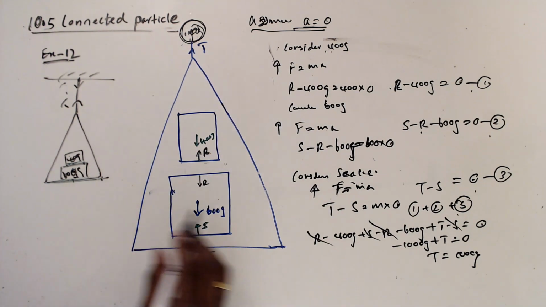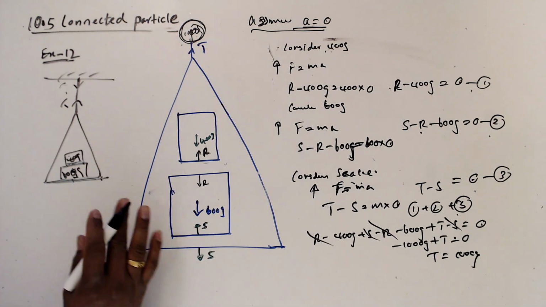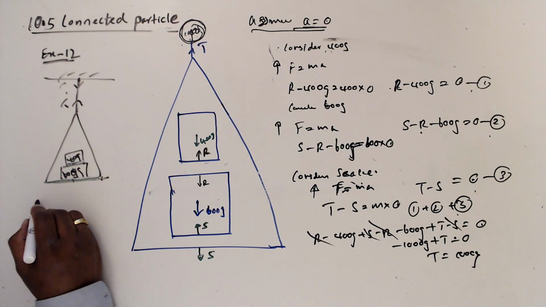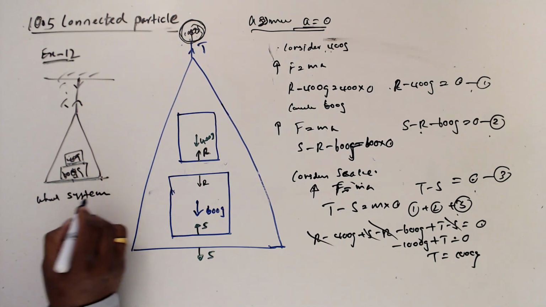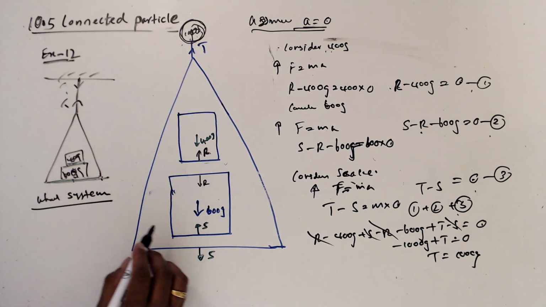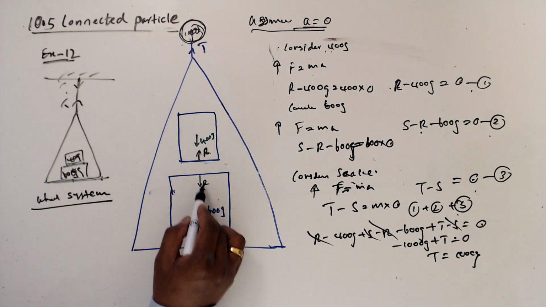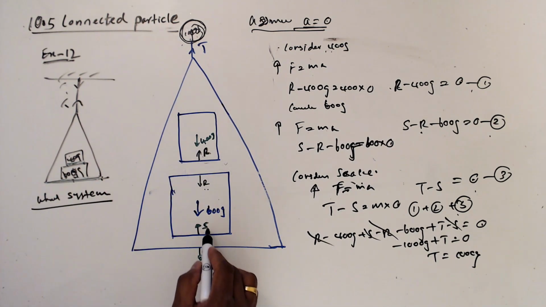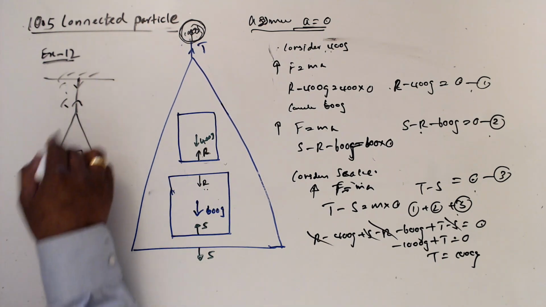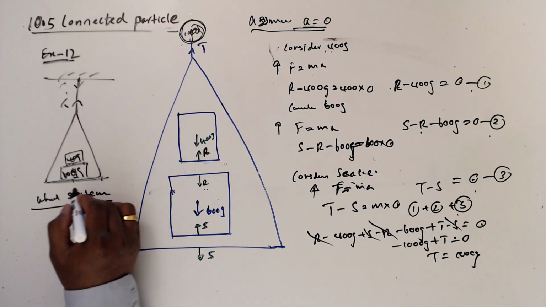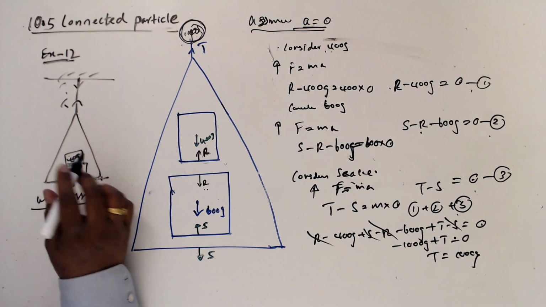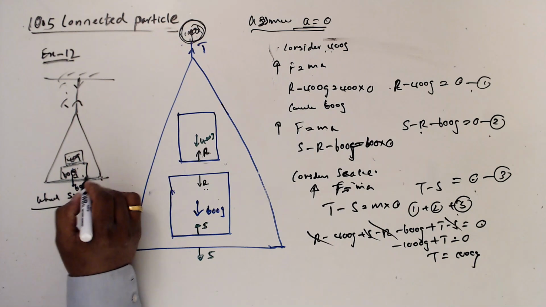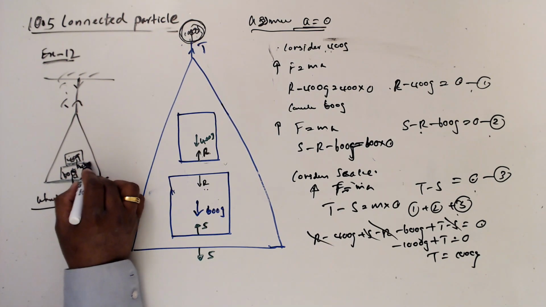Now I can put F equals MA for the whole system. When I consider the whole system, what will happen? These are cancelling out. R and R disregard, S and S disregard. So it looks like this: this is 600 g downward, this is the 600 mass, and this is 400 g downward.